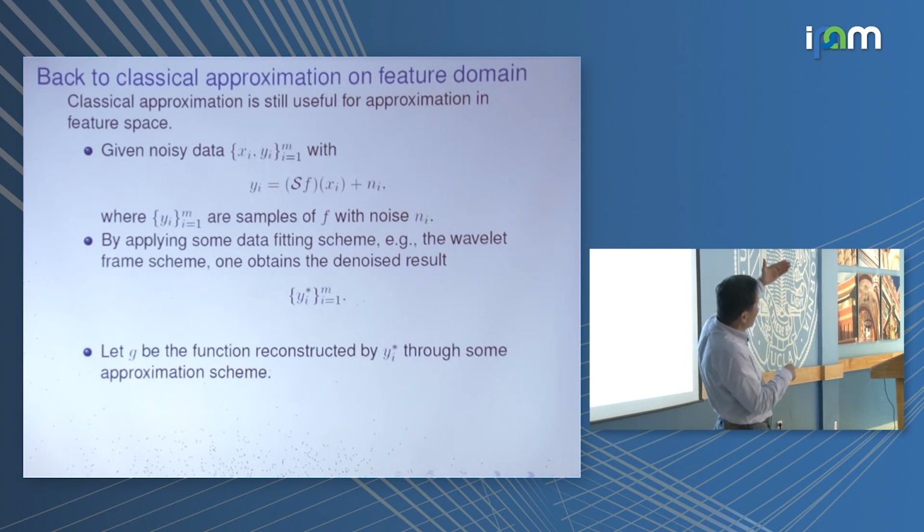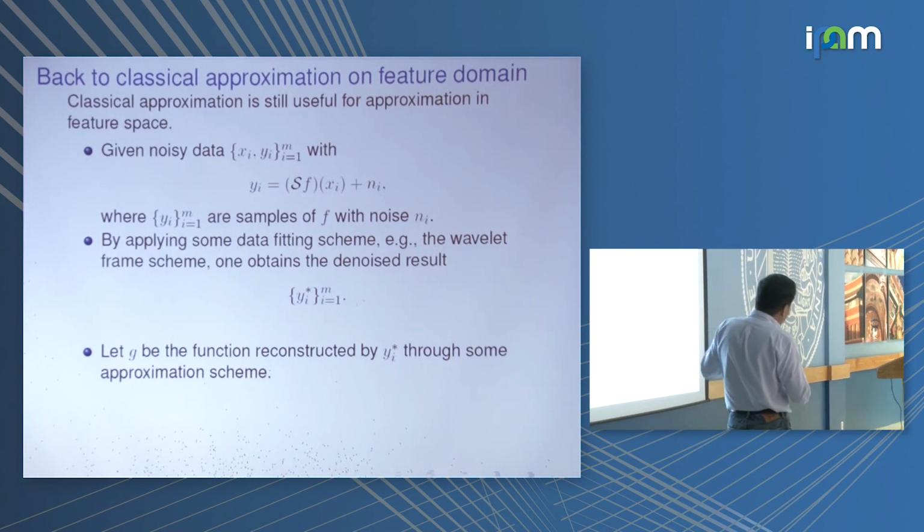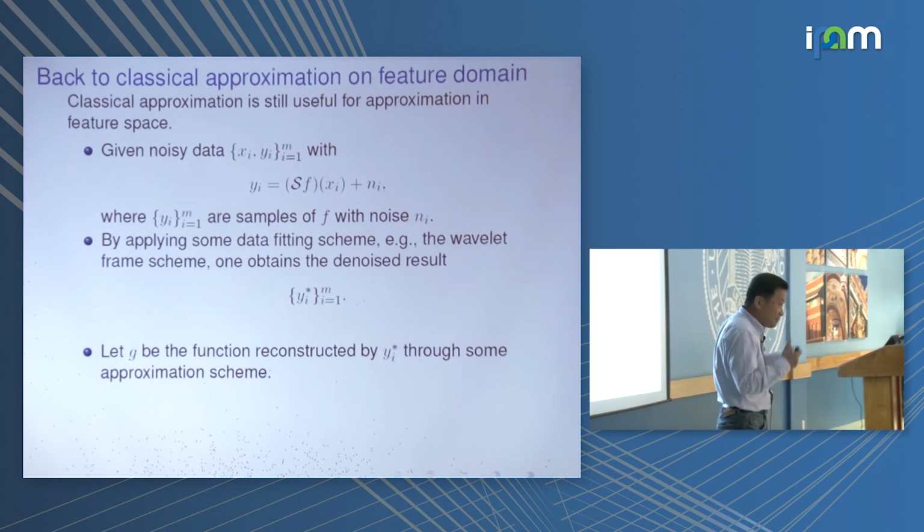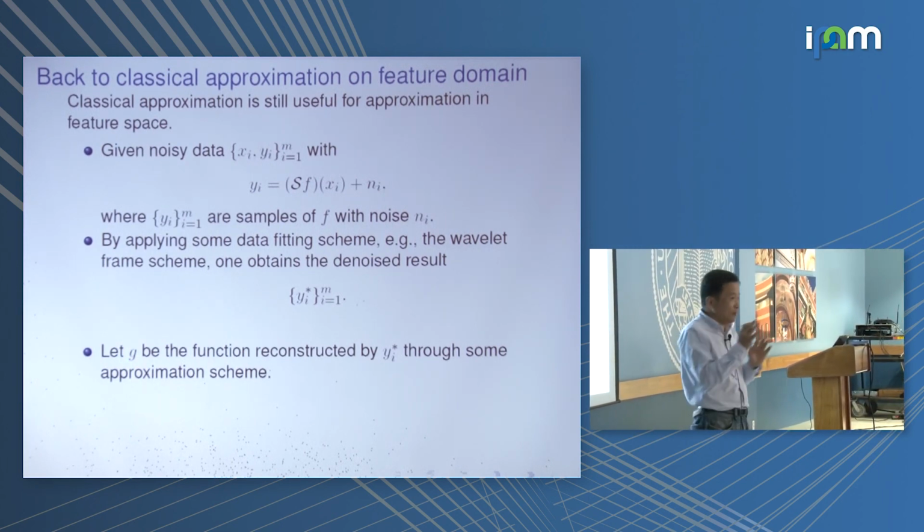You map from the original space to the feature space. Your data still have noise or all kinds of errors. You have a magic way to get your yi star from yi. That's fine. Then you have a magic way to reconstruct your function g from that. It doesn't matter what you do, using whatever your favorite method.